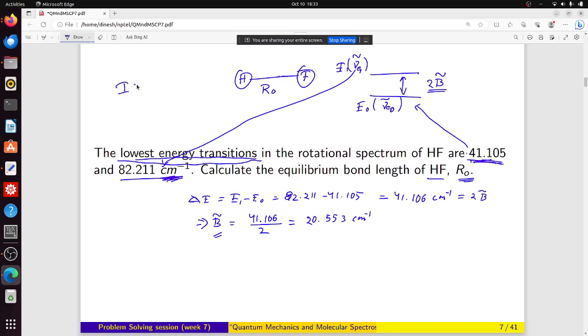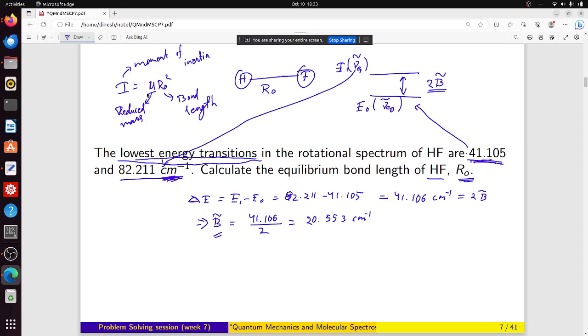The moment of inertia will be equal to mu r naught square. So what is mu here? This is the reduced mass, and this is the bond length, right? And this is the moment of inertia, right?